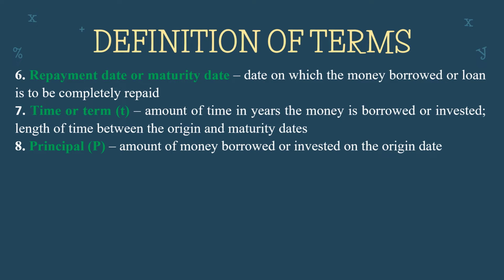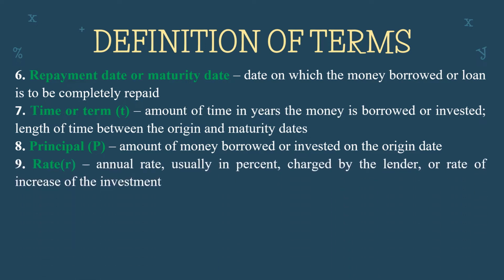Next, principal, denoted by capital letter P, the amount of money borrowed or invested on the original date. Kung borrowed siya, for example, you borrow 50,000, that is your principal. If you invest money, or kung ikaw man ay nag-save sa bangko, yun po yung original amount, which is called the principal.